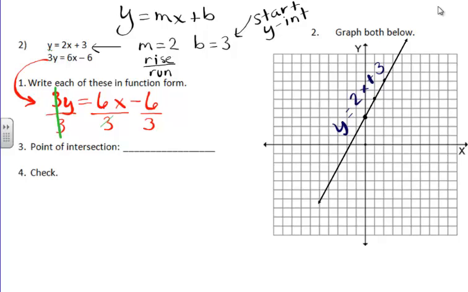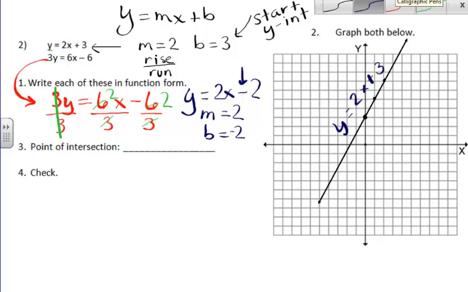This becomes a 2, and this becomes a 2. So to rewrite this equation now in simplified form, I will have y equals 2x minus 2. Immediately write this so you know what you're dealing with. Remember, the sign in front of the number goes to the integer that follows it.